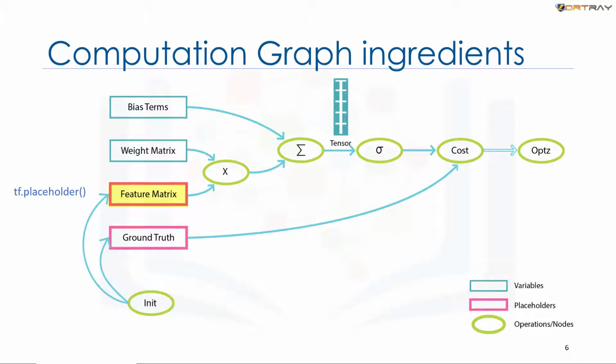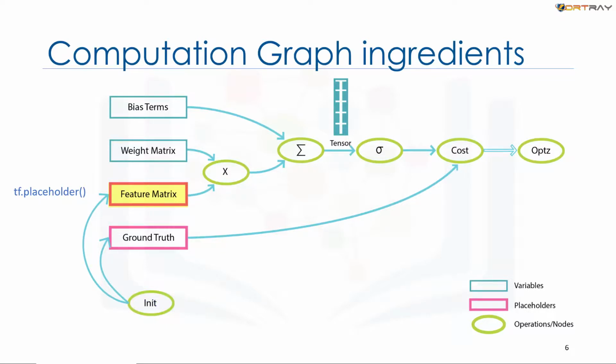Placeholders can be seen as holes in your model, holes through which you can pass the data from outside of the graph. Placeholders allow us to create our operations in the graph without needing the data. When we want to execute the graph, we have to feed placeholders with our input data. This is why we need to initialize placeholders before using them.